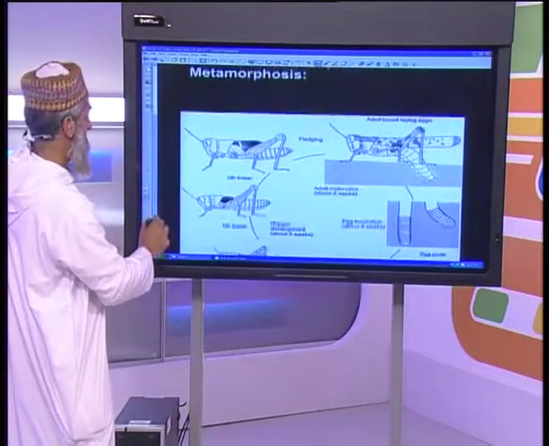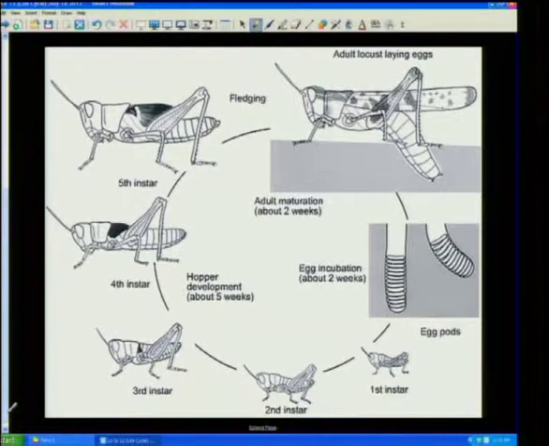And a locust displays incomplete metamorphosis. There's the adult. Here's the adult locust. She's laying, this is a female obviously, laying eggs using the ovipositor into the ground. When the eggs hatch, this is what we see. Now look at this picture and look at the adult.